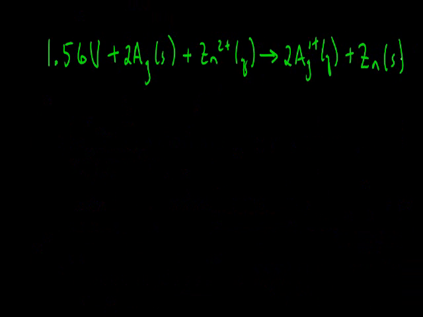Rewriting our electrochemical cell reaction to include the voltage would now be placed on the reactant side, which indicates that if we add this much voltage to the reactants, we can actually, through electrical energy, force the reaction to proceed in the forward direction.